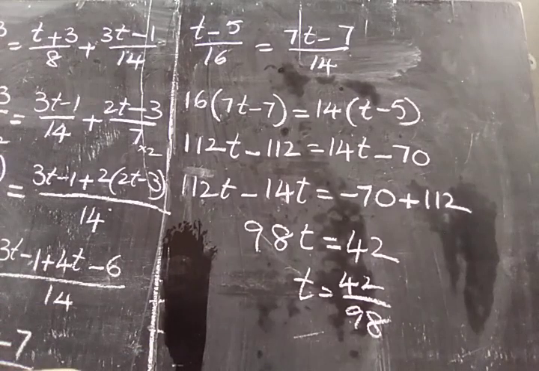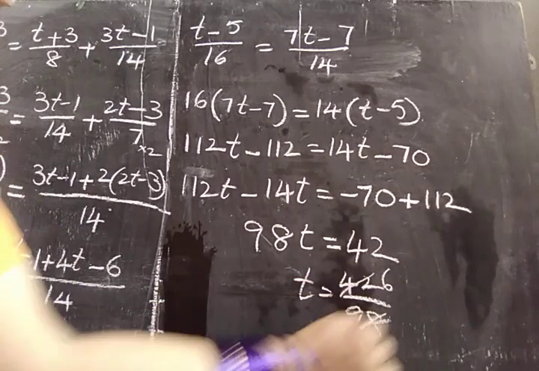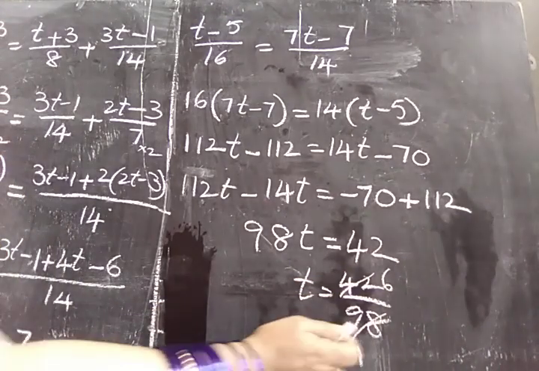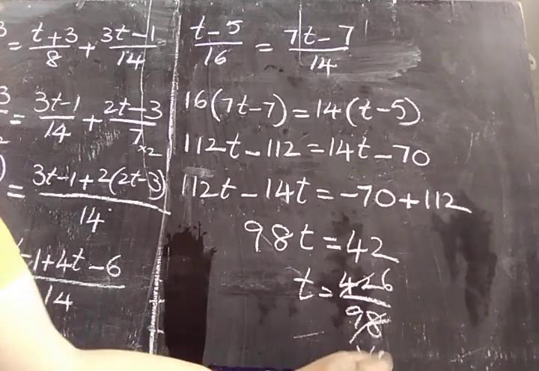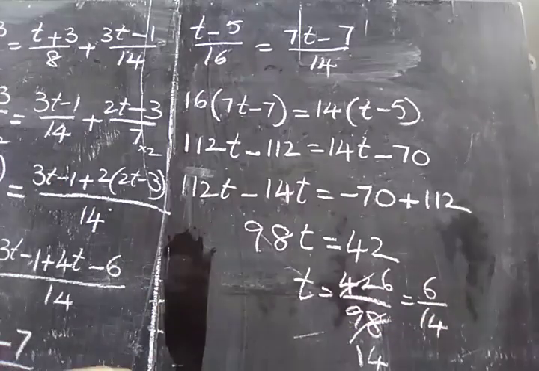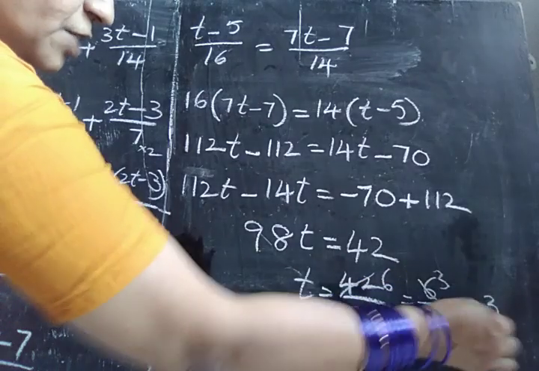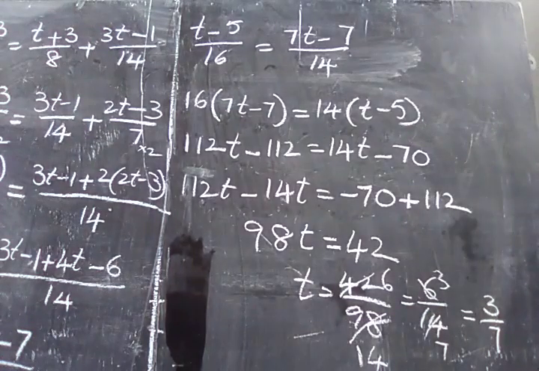Both are divisible by 7. 7 6s are 42. 7 1s are 7. 28, 7 4s are 28. Again 6 and 14 divisible by 2. 2 3s, 2 7s. So t is equal to 3 by 7. The value of t is equal to 3 by 7. Understood, children?